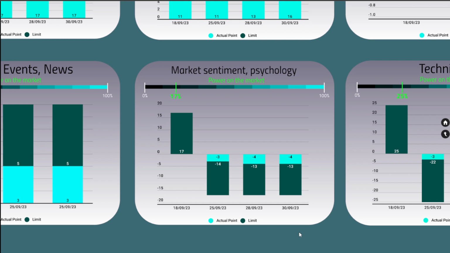So we need to be aware that probably we found some resistances, and there is no promise or guarantee that we can break the resistances, because most of the commodities are very expensive right now. So we might be facing some corrections to the downside.